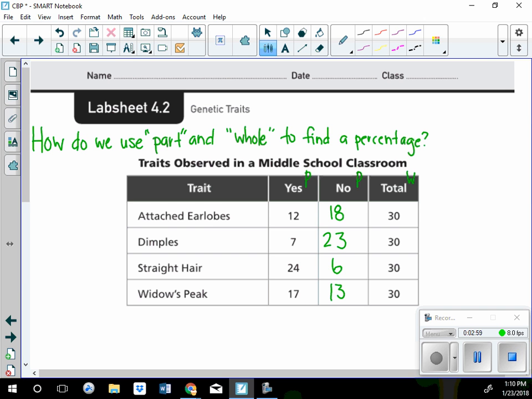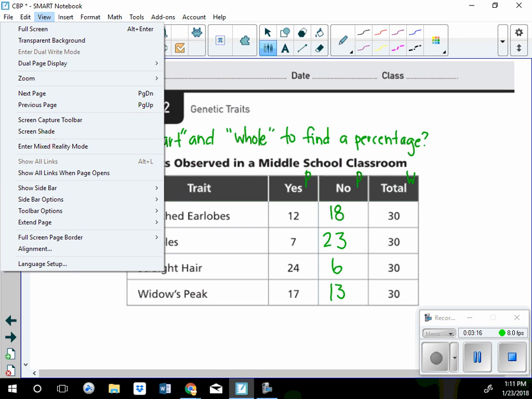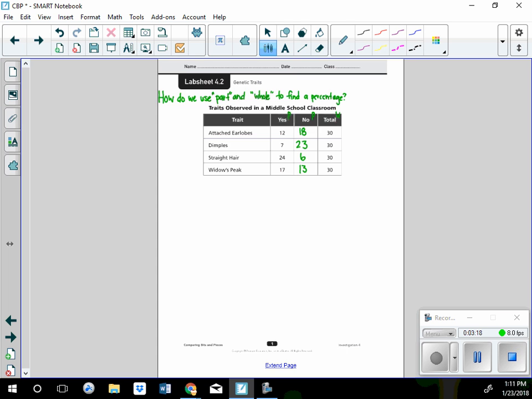Okay, so we have both of our parts figured out. I'm going to do attached earlobes for you, and you're going to do the rest of them by yourselves. You guys are going to be part of our video today. So I want you to scroll down on your sheet and make a 4 square out of the rest of your sheet. I'm looking for some really amazing work today.